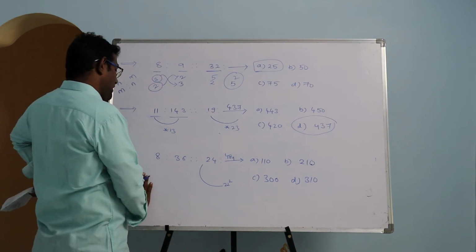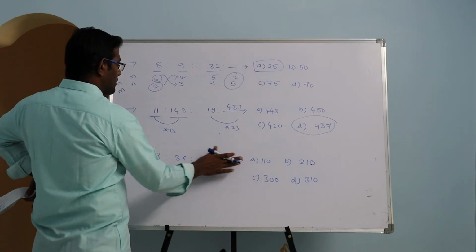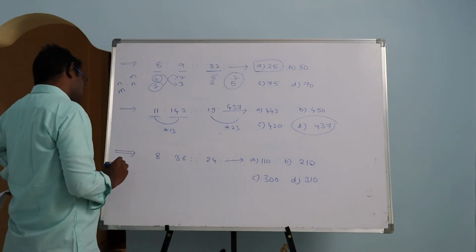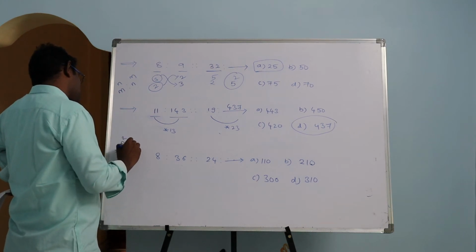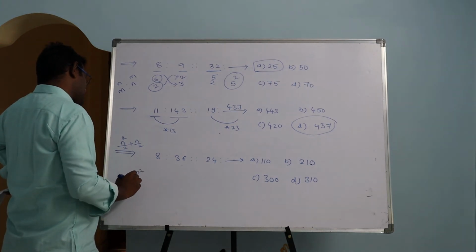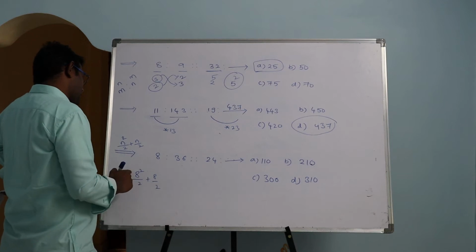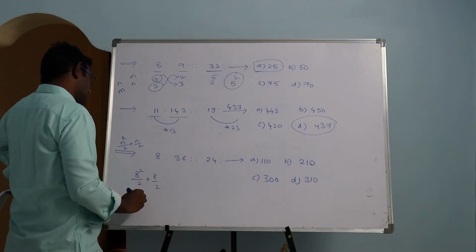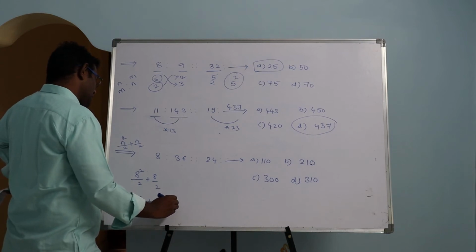You can simply do it, the problem is easy. Once you check the logic, you identify it. It is in the form of n squared by 2 plus n by 2. N square means 8 square by 2 plus 8 by 2. 8 square means 64 by 2 means 32, plus 4, your answer goes to 36.